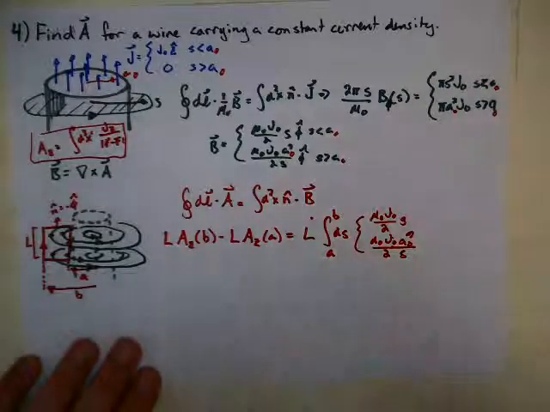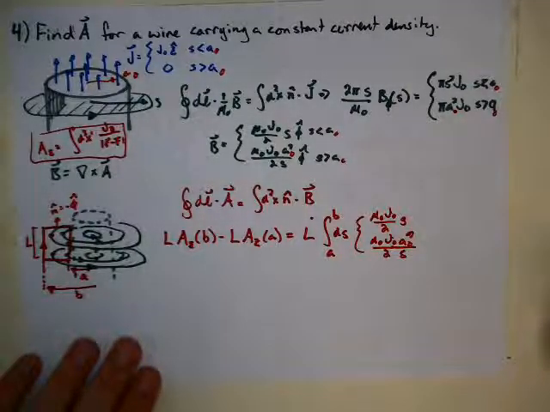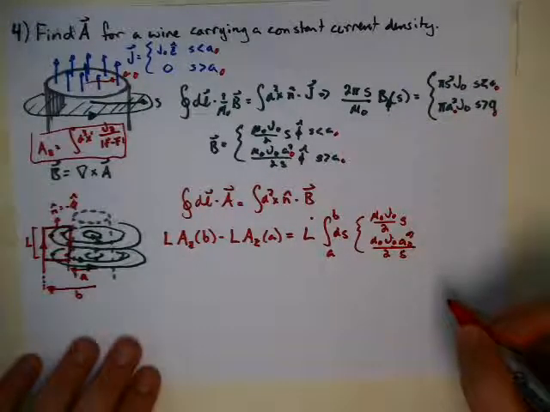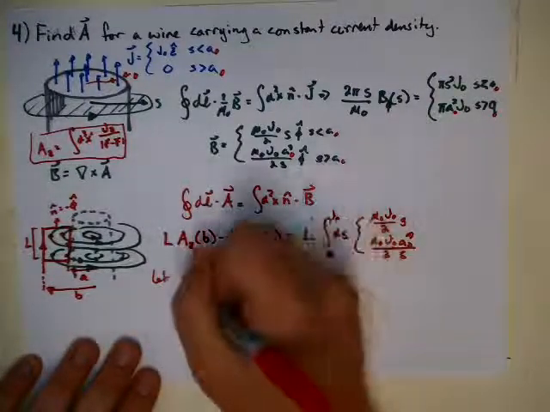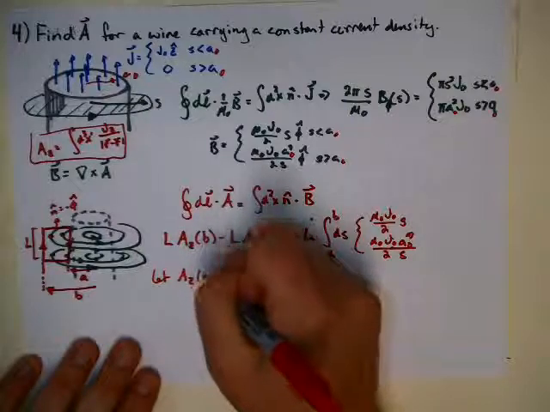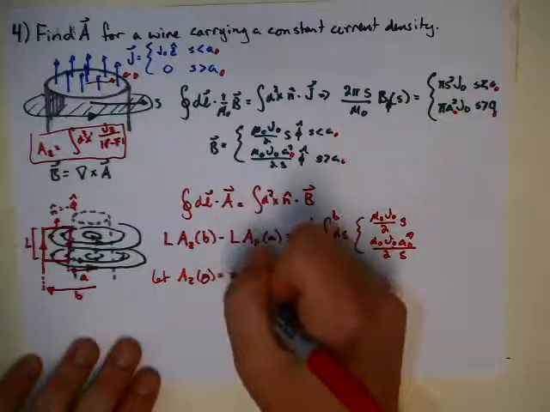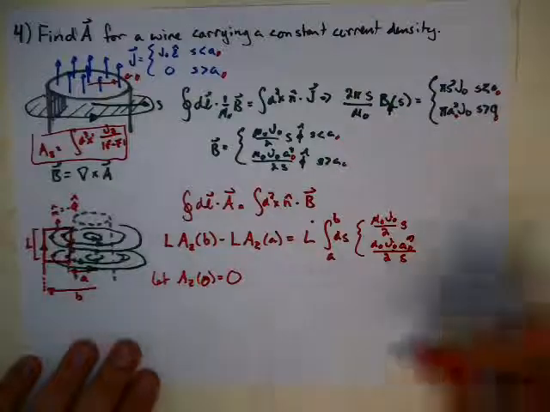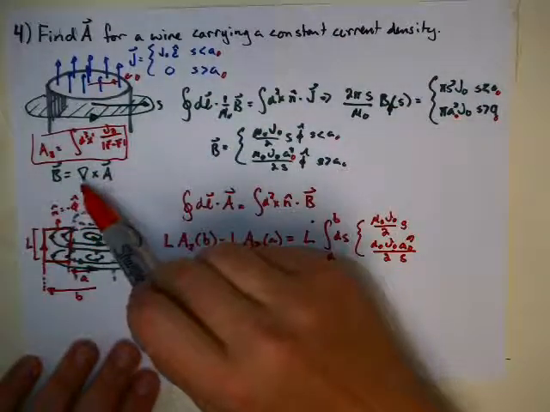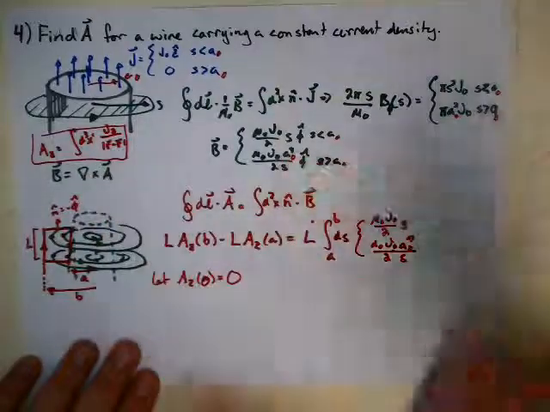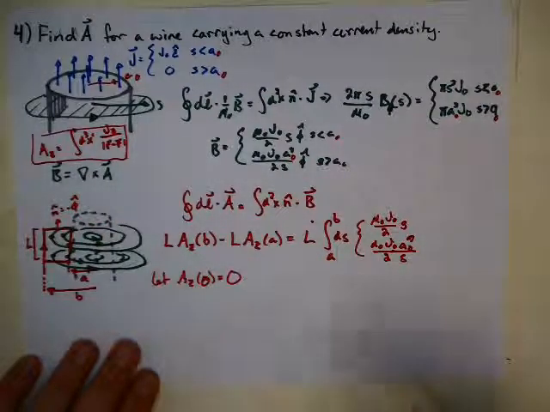In order to uniquely find this, I have to define some point to be a equals 0. The most convenient point is obviously going to be at the center. So let A z of 0 equal 0. I have freedom here. This is only defined in terms of a gradient, or a derivative operator, so I can move it up and down by a constant, and so I can set any point equal to 0.